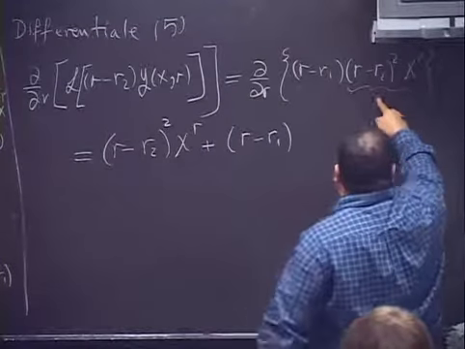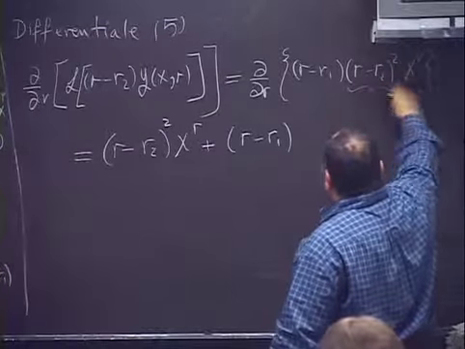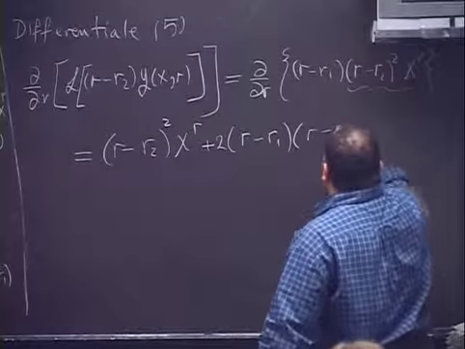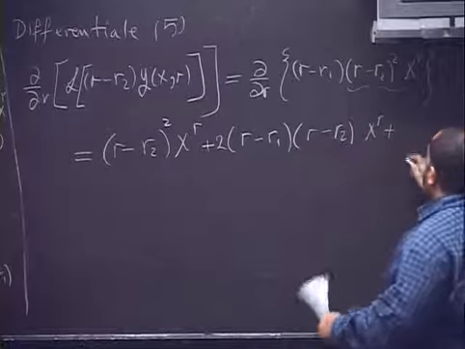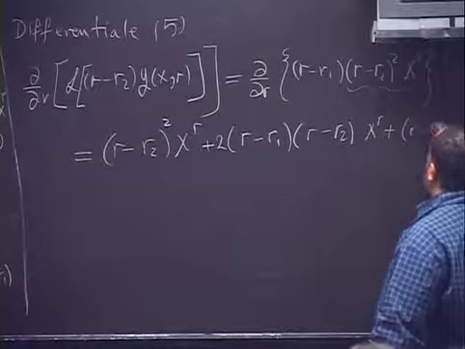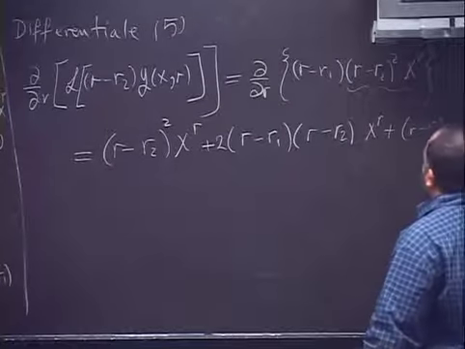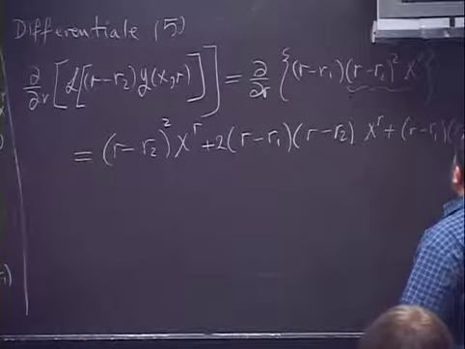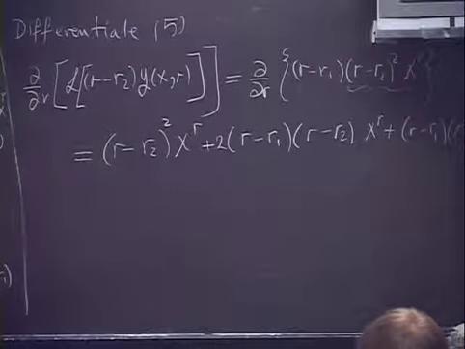The differentiation of the second is 2 term now. So it will be the differentiation of this while you fix this. So this is 2 multiplied by r minus r2 multiplied by x to the power of r plus again r minus r1 multiplied by this, which is r minus r2 all square multiplied by the differentiation of this one, and the differentiation of this one is just the same function x to the power of r ln x.